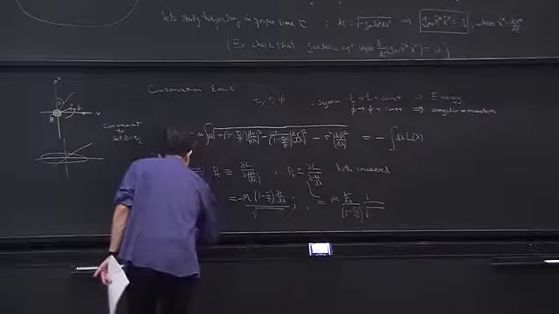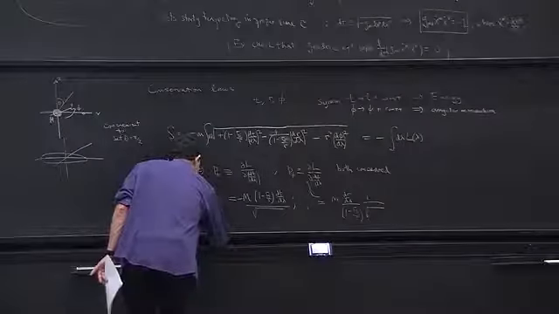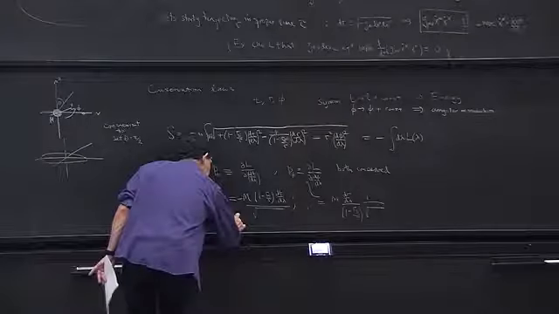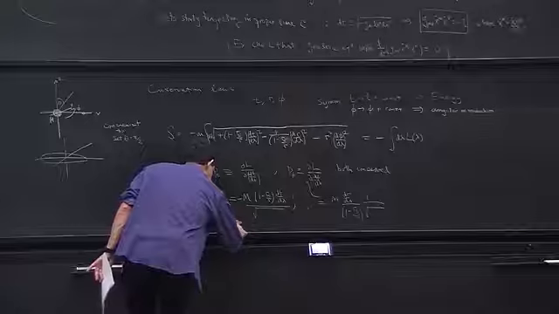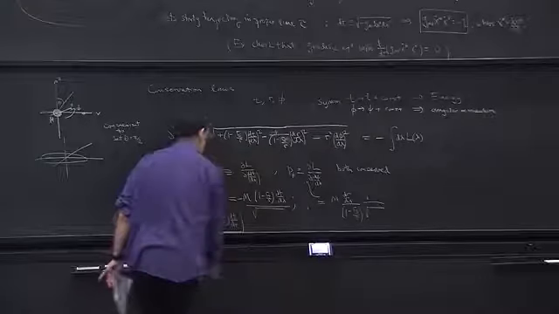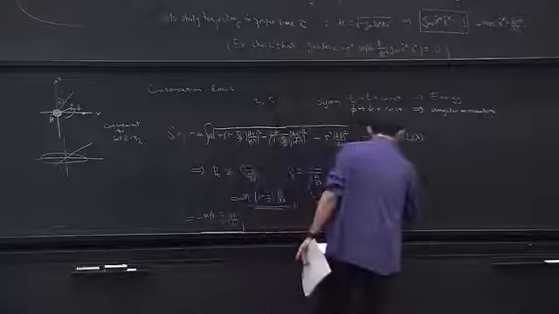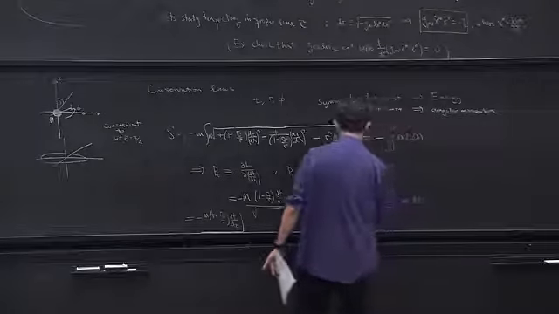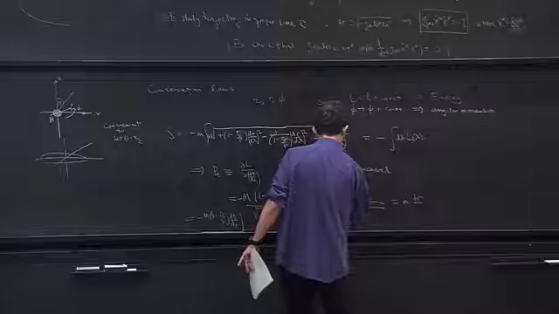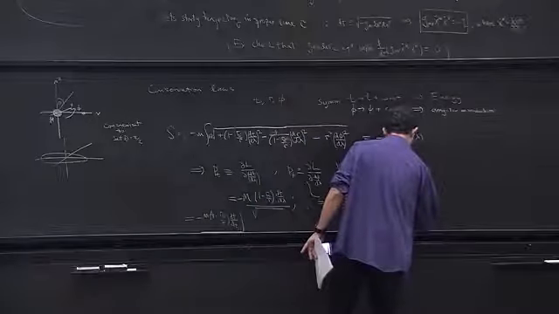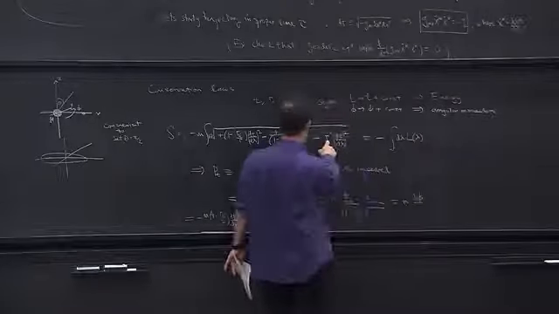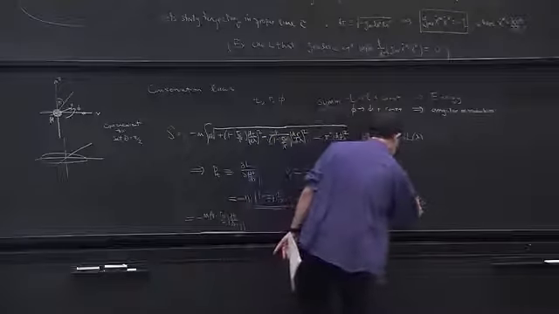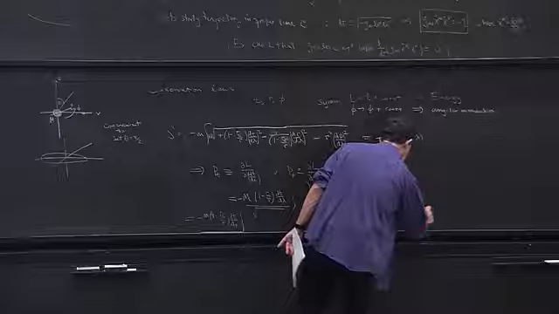So that's equal to minus m, 1 minus r_s over r, times dt d tau. And over here, this is equal to m r squared d phi d tau. It comes from this term.